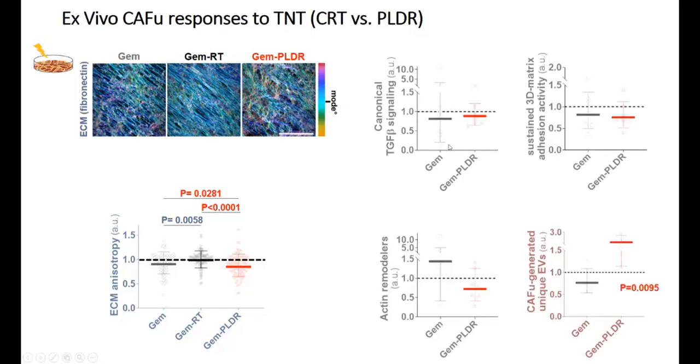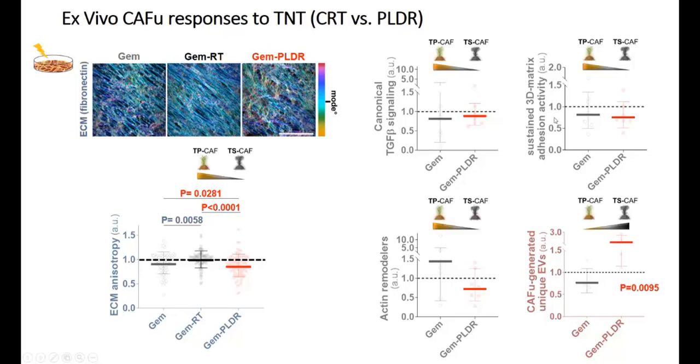And as you can see here, when we follow either the TGF-beta signaling, the 3D adhesion structures, the actin remodelers that I mentioned, or the presence of the unique EVs, in all cases, although we didn't see a significant variation, all of them are following the trends that are coinciding with a tumor suppressor phenotype.